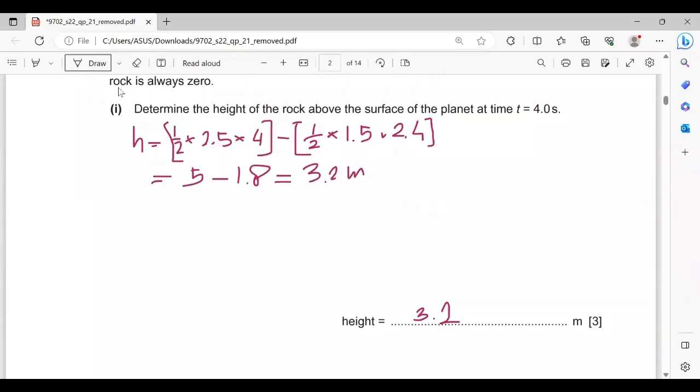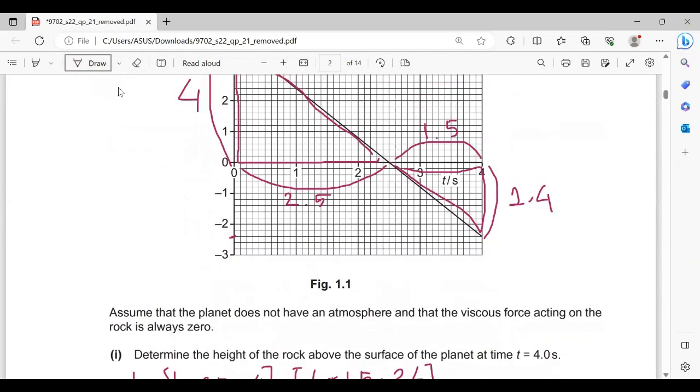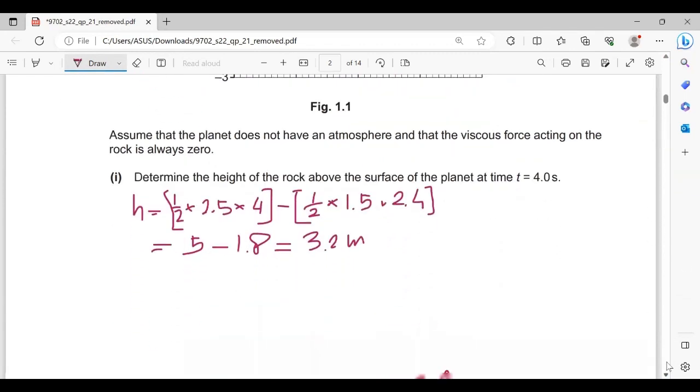Velocity 2 is negative 2.4, while velocity 1 is 4 meters per second. The final velocity is negative 2.4 meters per second, opposite to the first velocity.